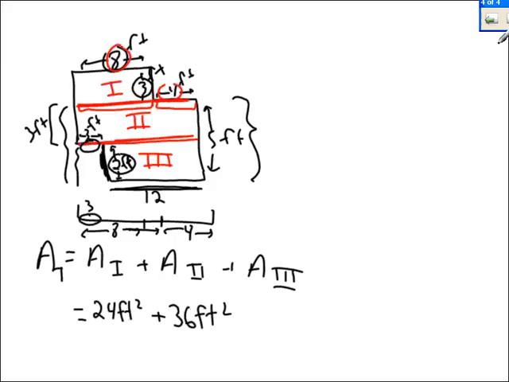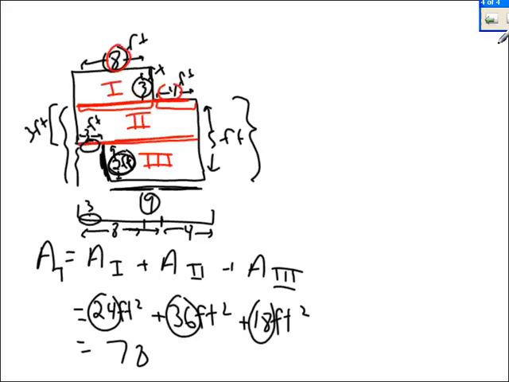This is 9. 12 minus 3 is 9. It is 9 by 2, which is 18 square feet. And you add these up and you should get 78. 24 plus 36 is 60. And 18 more is 78. 78 square feet.